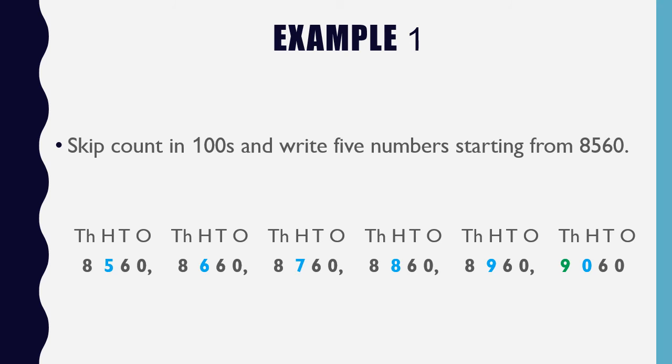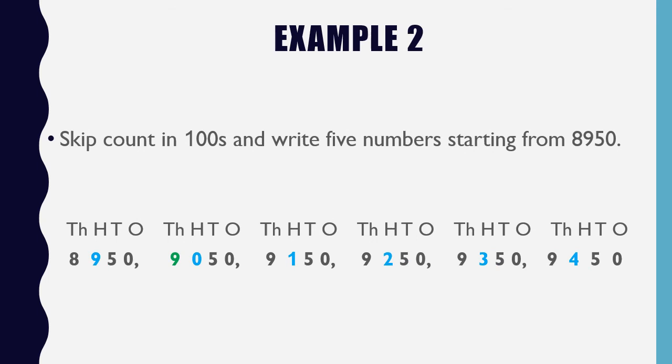So the last number is 9060. In the same way, in the next example, only in the second number, hundreds and thousands, both are changed. The remaining numbers simply skip count hundreds.